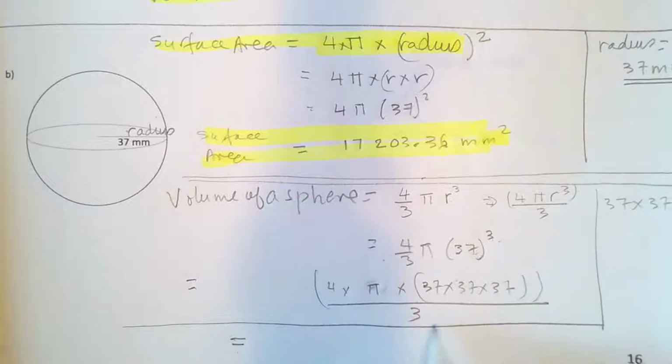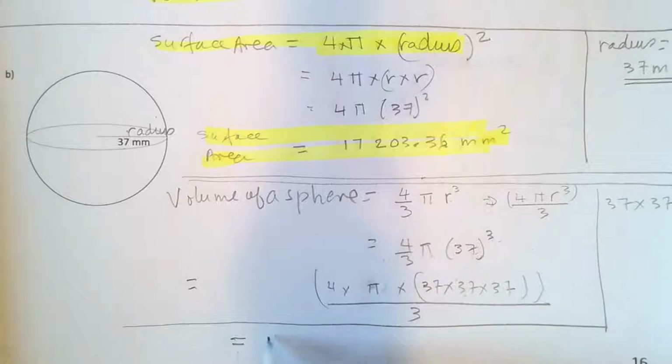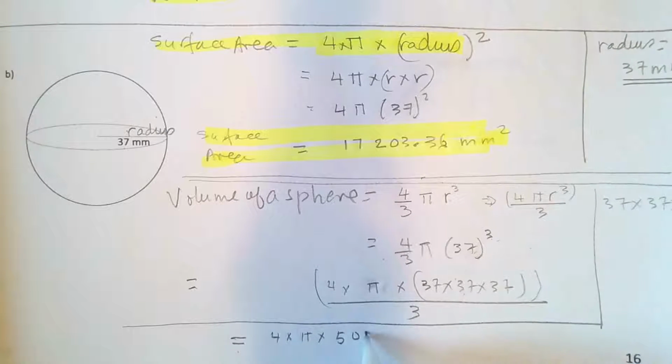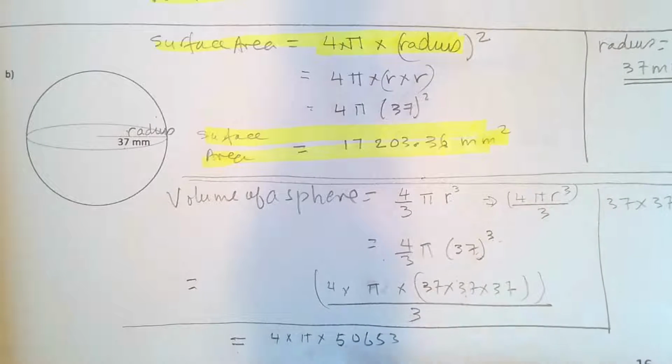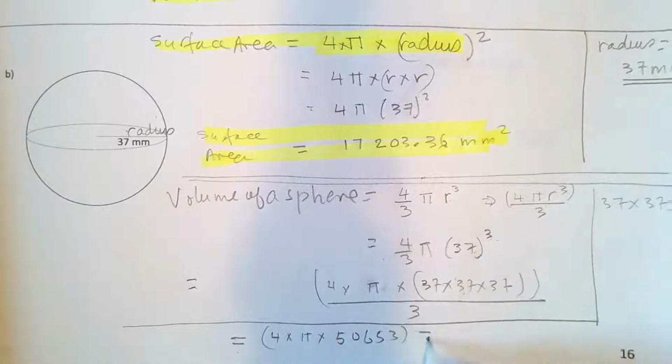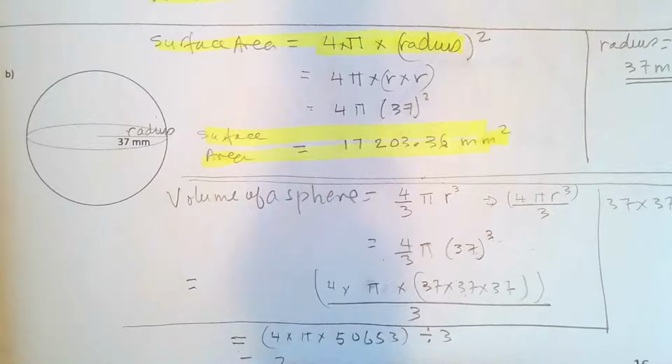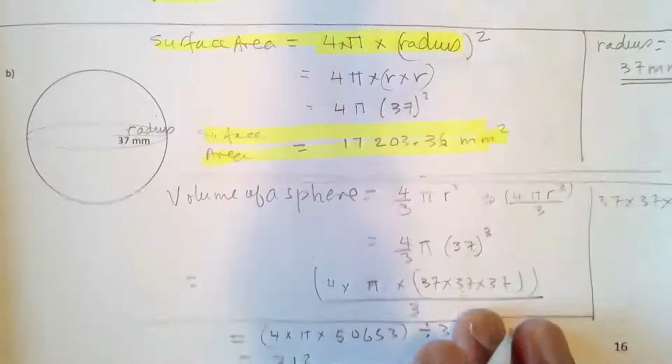It gives me this large number, 4 multiplied by pi multiplied by 50,653, all of this divided by 3. It gives me a result of about 212,000.